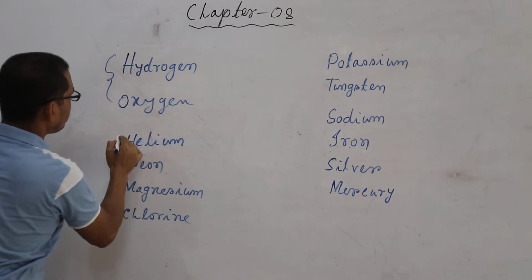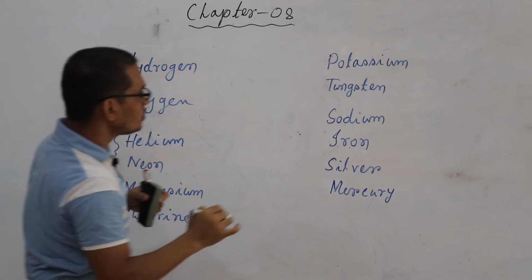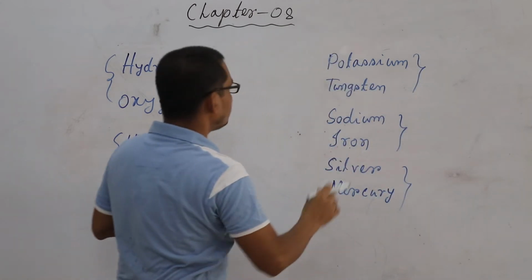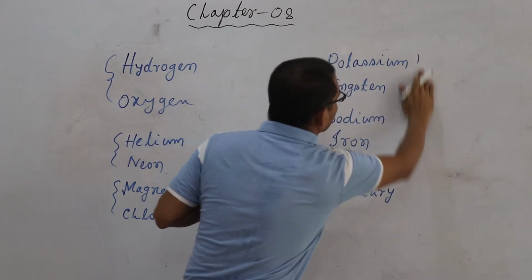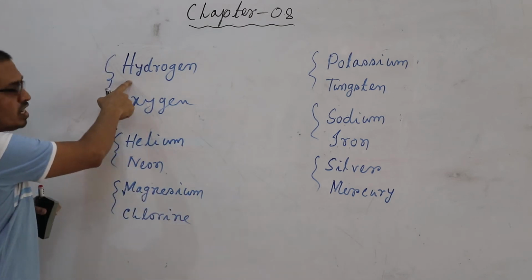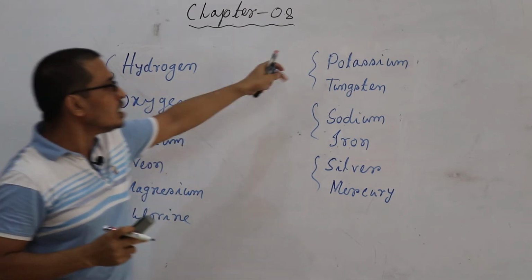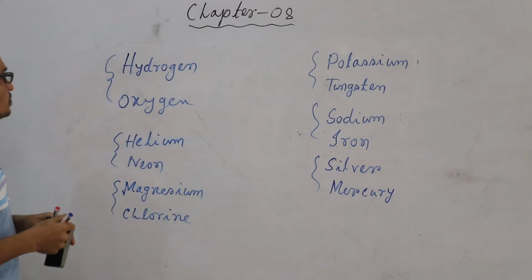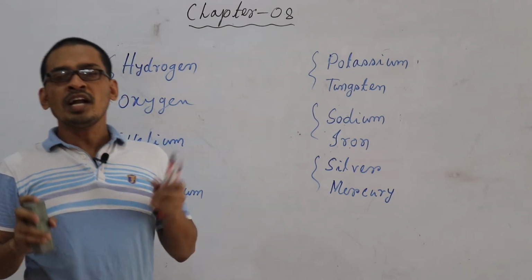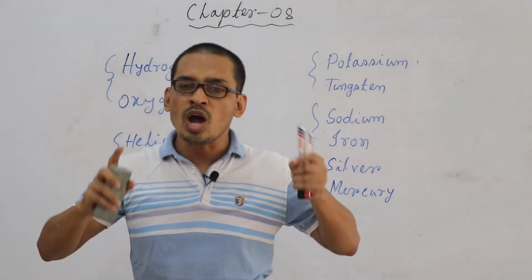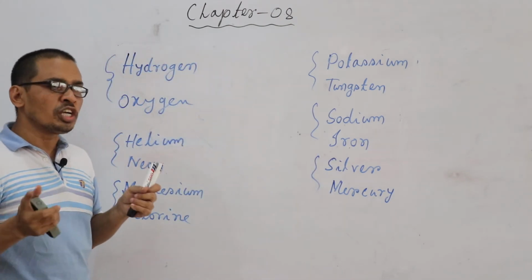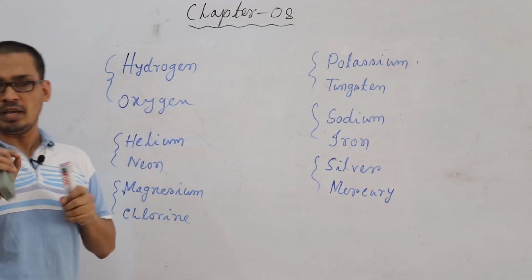Dear students, look at the board. Here I have written 6 elements and here 6 elements. I have already told you that 118 elements have 118 different names, but in chemistry we use their short name.